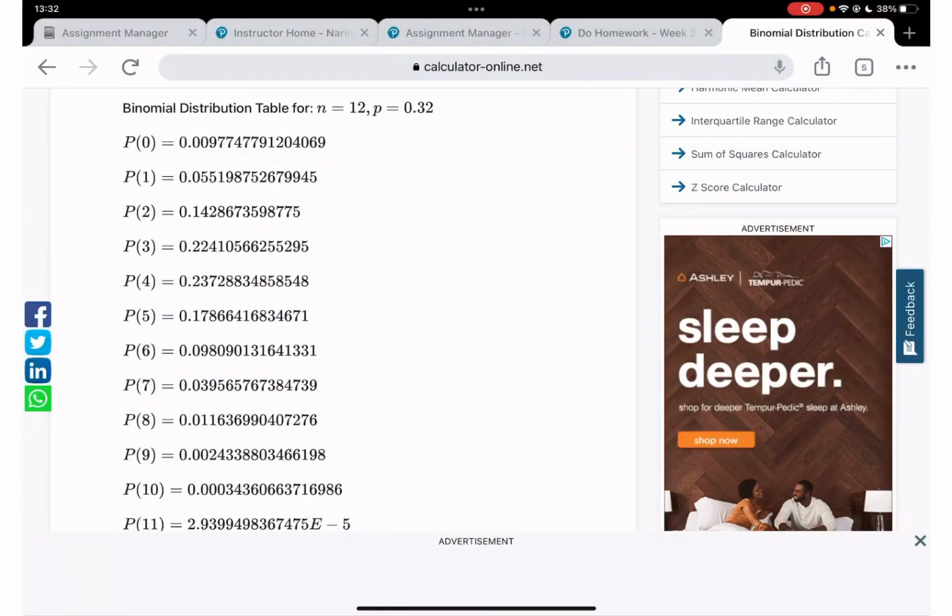0 is how much? 0.009. We're going to keep 3 digits. If I do round to the third digit, it's going to be 0.010. Okay. Next, 0.055. And the second one is 0.143.